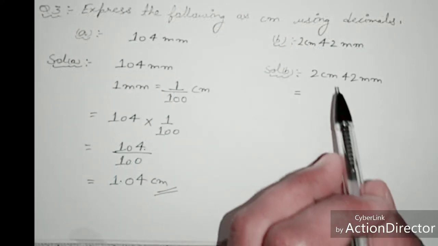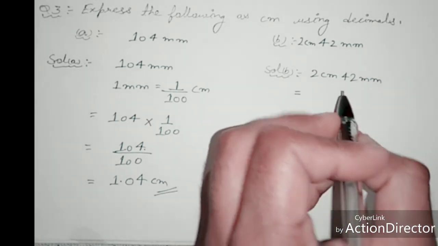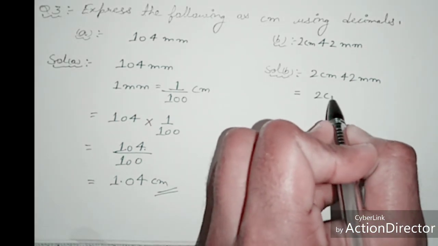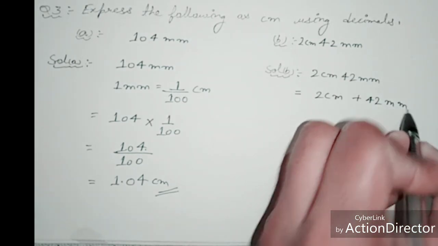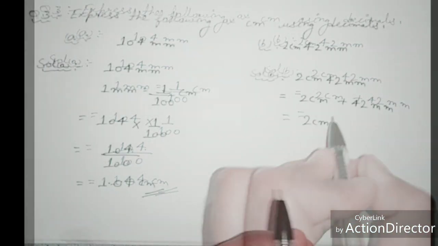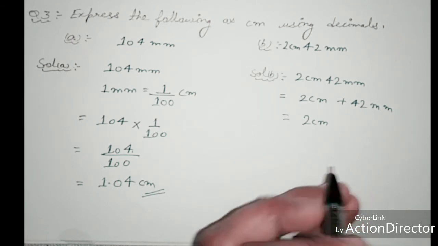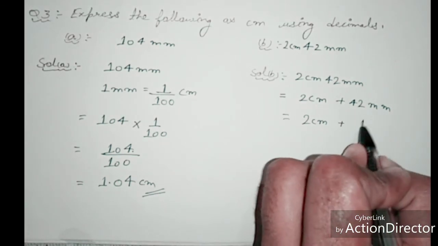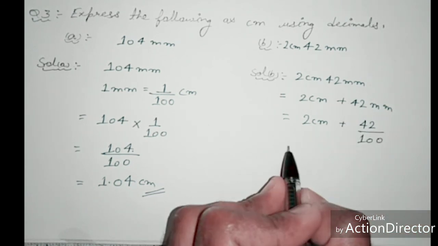Now here we change 2 centimeter 42 millimeter into centimeter. So we write 2 centimeter plus 42 millimeter. Here 2 centimeter is already in centimeter, so we change 42 millimeter. So we divide 42 upon 10.